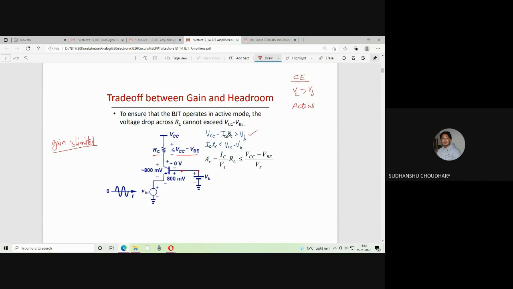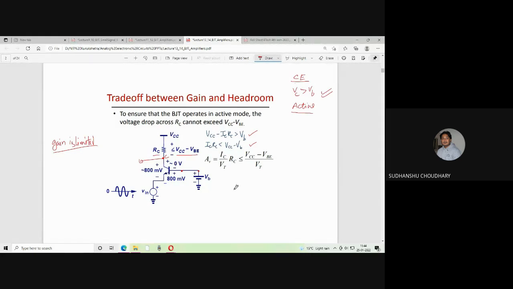And ICRC should be less than VCC minus VBE, to fulfill this condition, that is collector should always be at a higher potential than the base. So these two conditions one has to fulfill, that is ICRC has to be less than VCC minus VB, to keep the BJT in active mode.